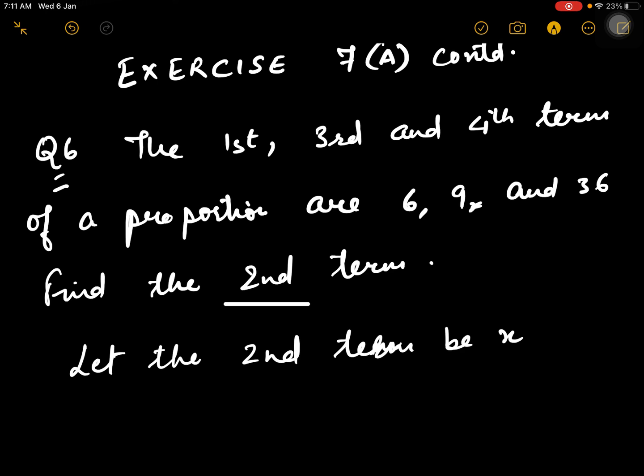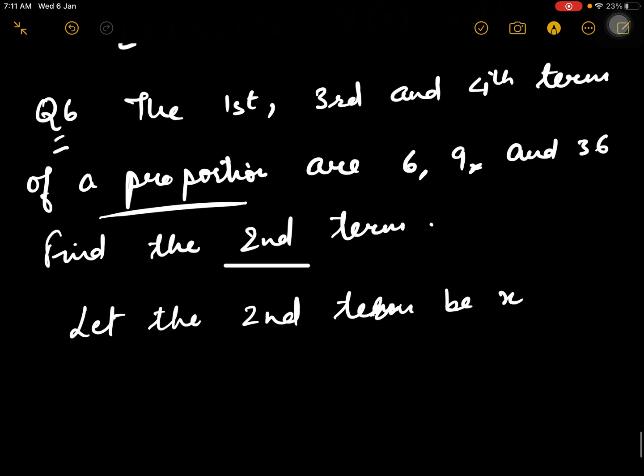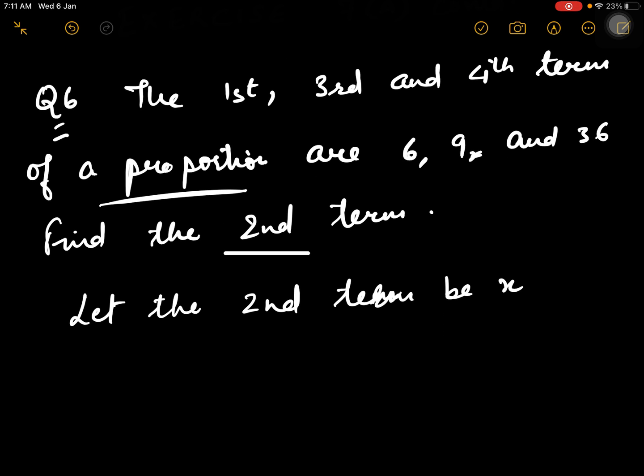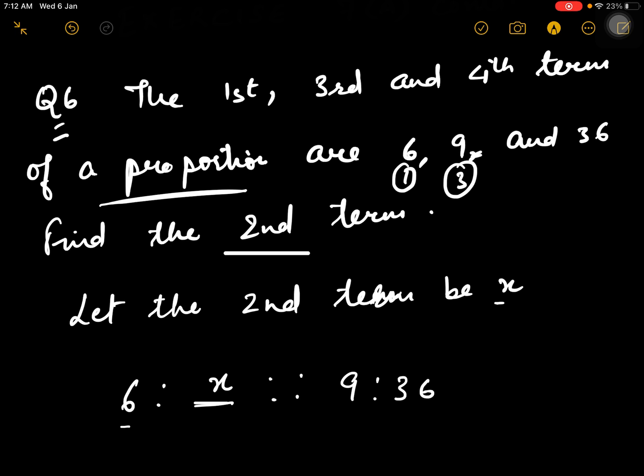Now they are in proportion, so it's very simple. The first ratio is 6, the second term we have to find, so it is x, and they are proportionate to 9 is to 36, because this is the first term, this is the third term, and 36 is the fourth term.